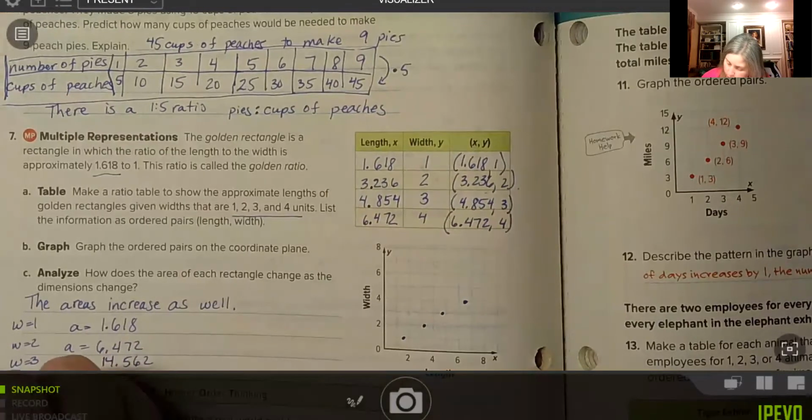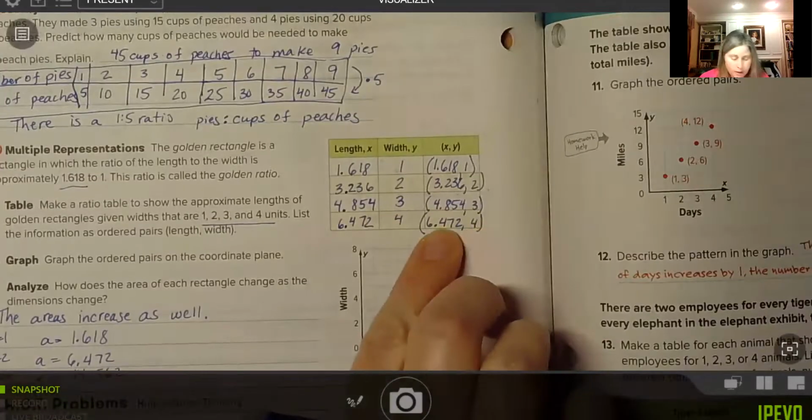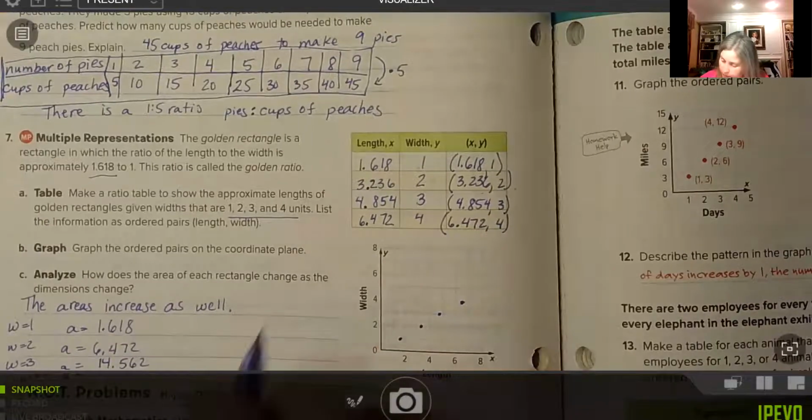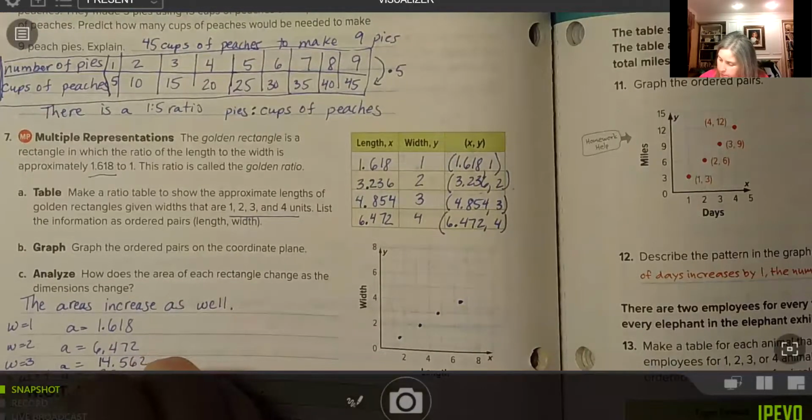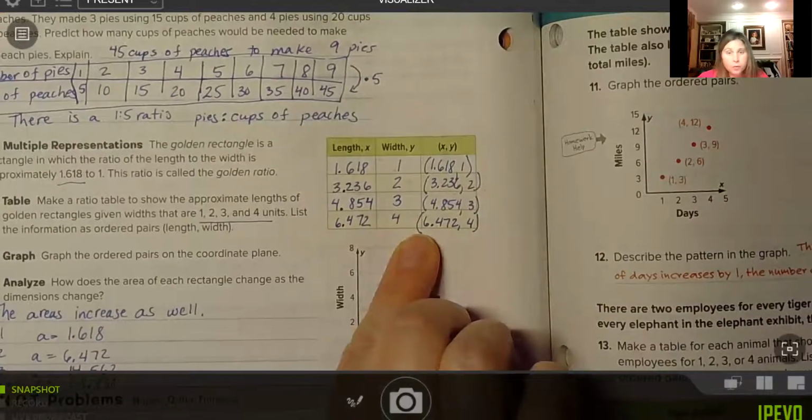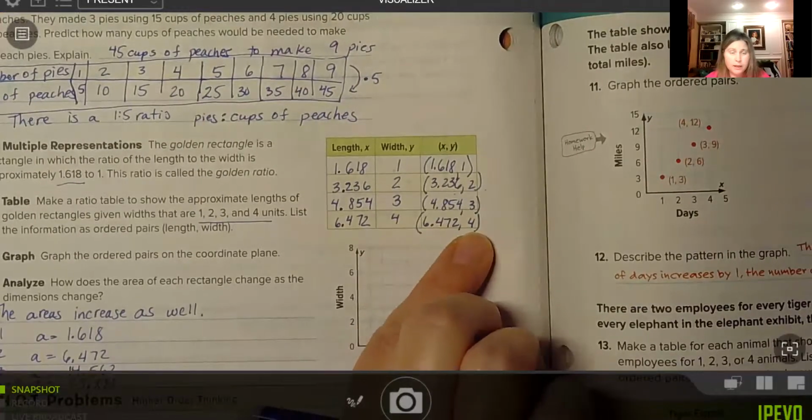And if your width is 4, your area is going to be length times width, so you'll get 25.888 for that. You're just multiplying 6.472 times 4 to get that.